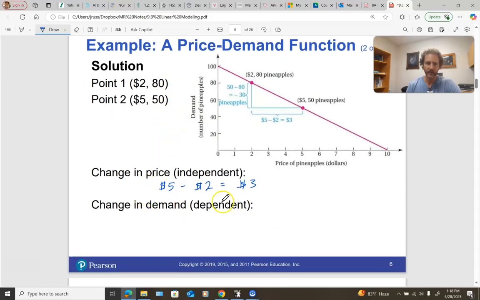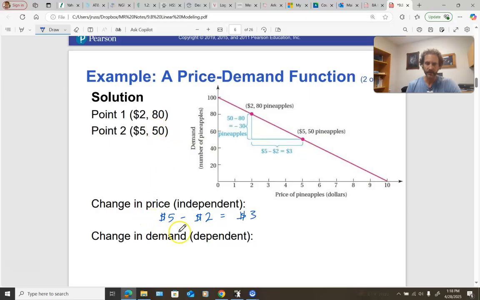The change in demand, or the change in pineapples, is going to be 50 minus 80, and you are going to get a negative number here, negative 30. Now, in the context of this problem, what this means is that when you increase the price by $3, you can expect to sell 30 fewer pineapples.